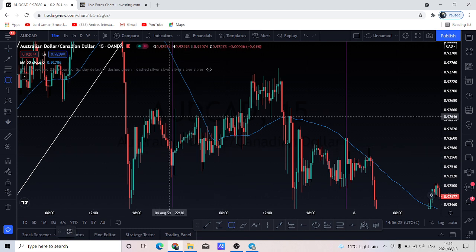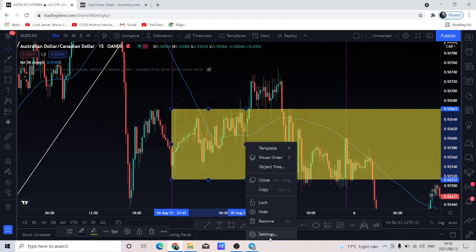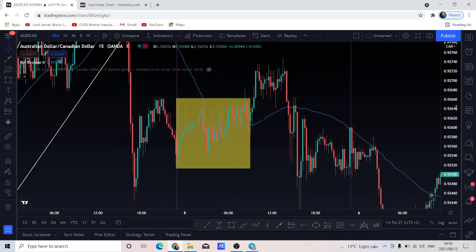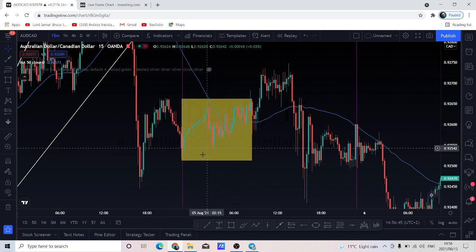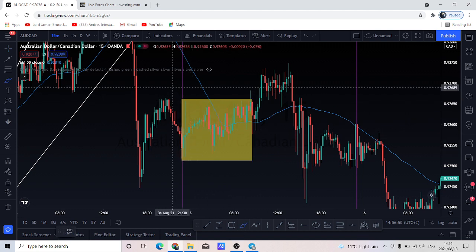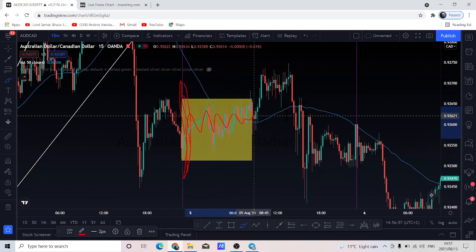So in this box here, we saw a consolidation phase in the Asian session from this zone here, or from this line here, that was the opening of the new day, and then we saw a consolidation, and then in the London session, I'm expecting an up push.